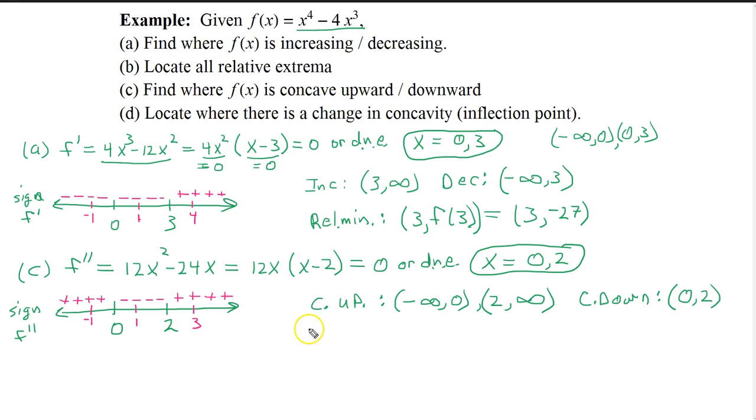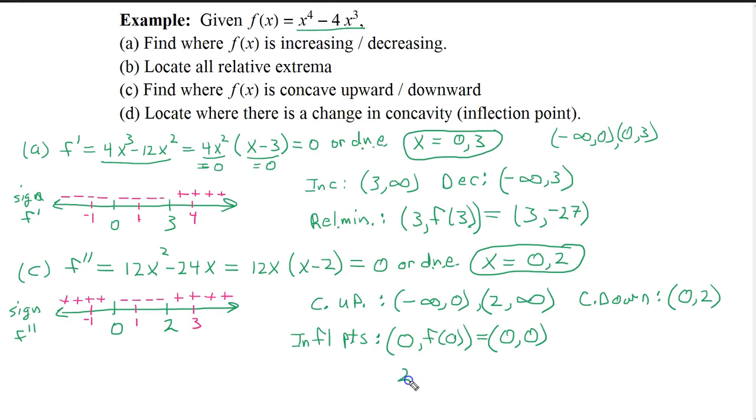Now let's identify any inflection points. So we see we have a change in concavity at 0, and of course our derivative exists at 0. It exists everywhere, so this will be where we have an inflection point. So the inflection points are 0, f of 0, and that is (0, 0). So there's one inflection point. And then at 2, and then we need to evaluate f of 2.